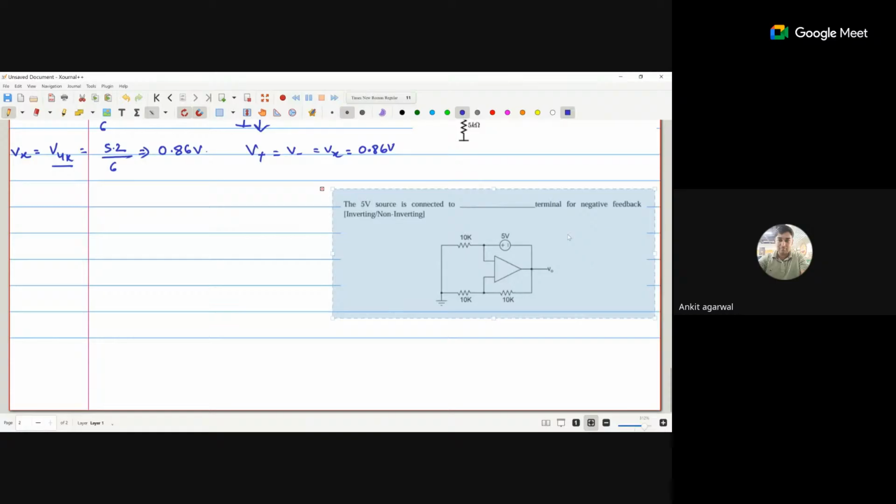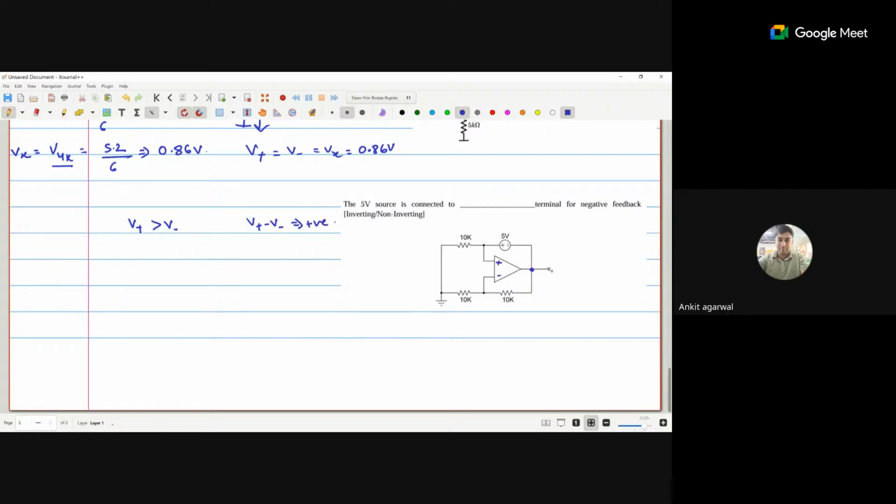Basically, we have to identify where we are getting the maximum voltage, that will behave as a non-inverting terminal. For example, if I consider this as the positive terminal voltage and this as the negative terminal voltage, if the positive terminal voltage is greater than the negative terminal voltage, then what we get here is V positive minus V negative, that is positive.